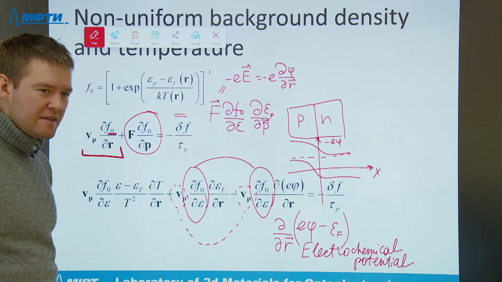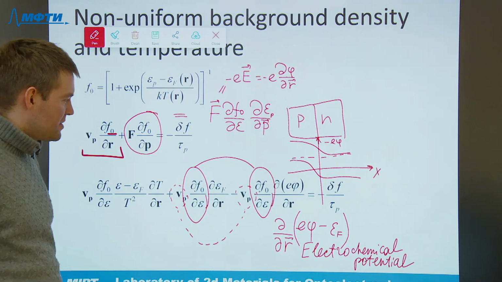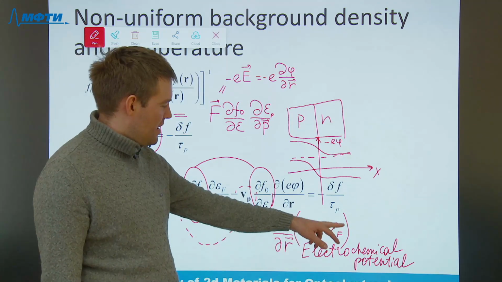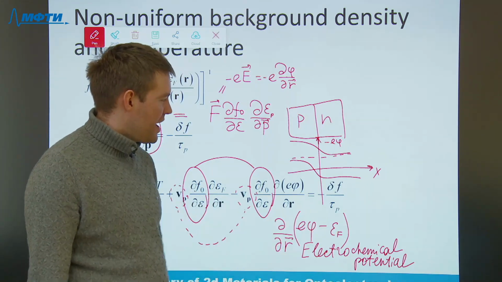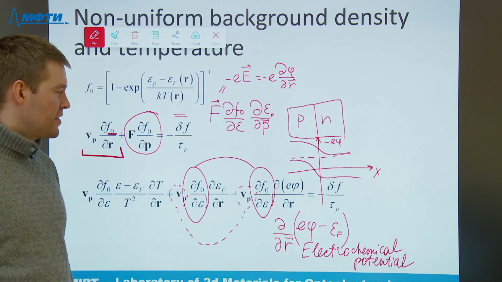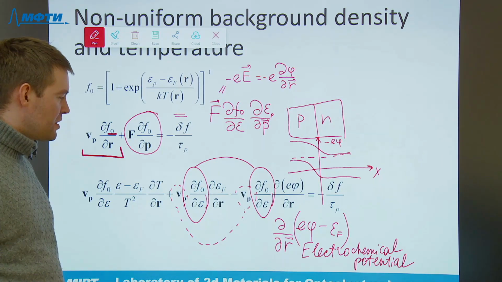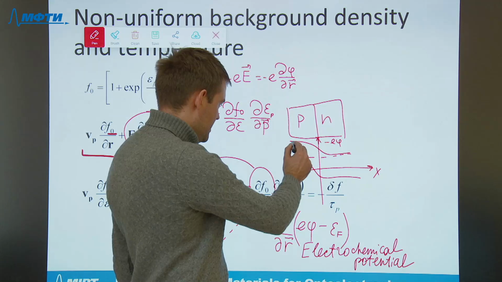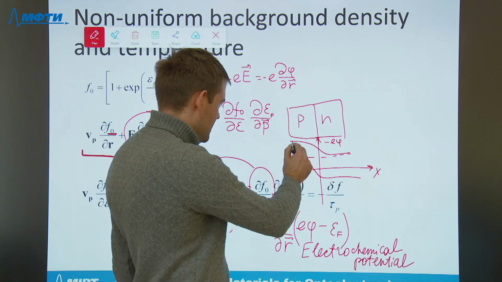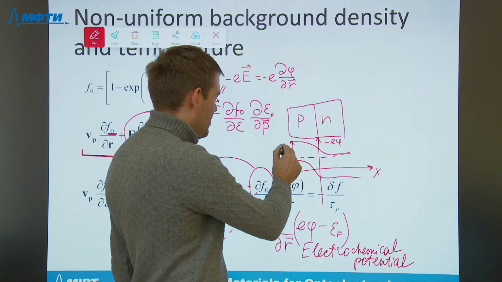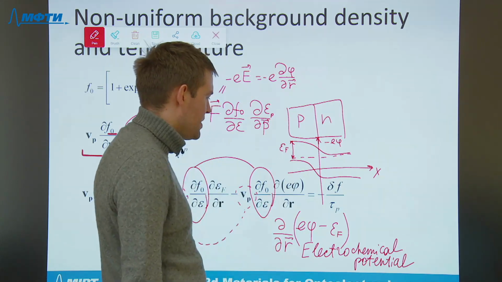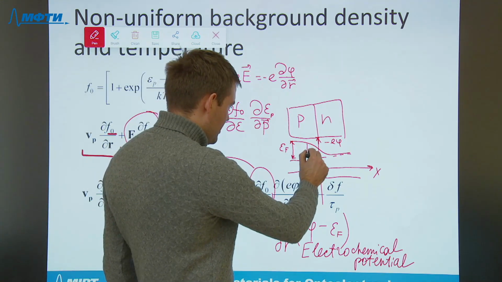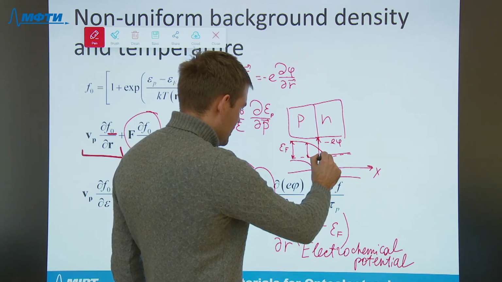Okay, this is a good answer. So from mathematics, you could suggest that the dependence of Fermi energy with respect to the coordinate would compensate the force term, and it is indeed so, because what is Fermi energy? Fermi energy is the distance between conduction band and the Fermi level, and it is different across the sample.